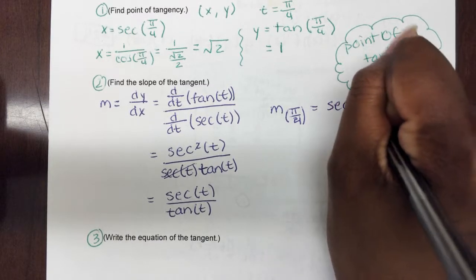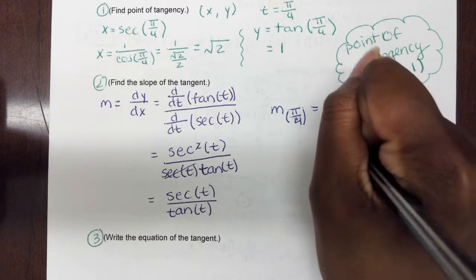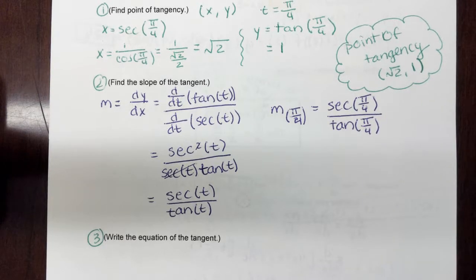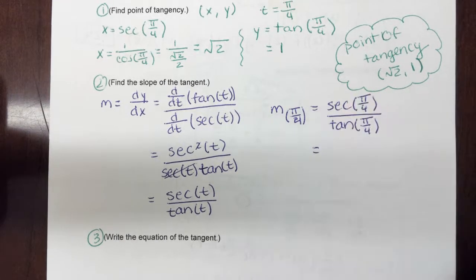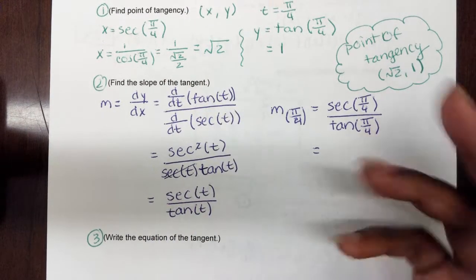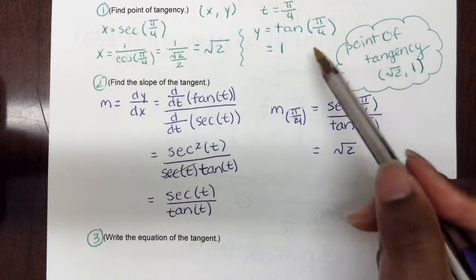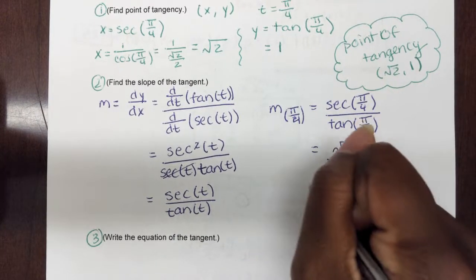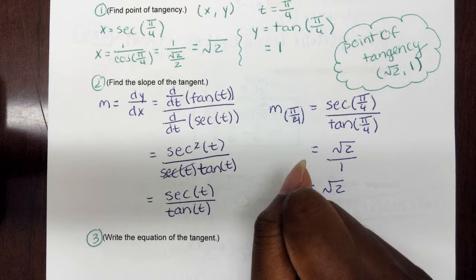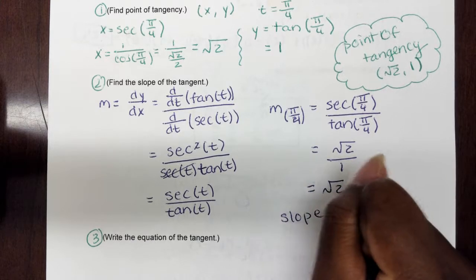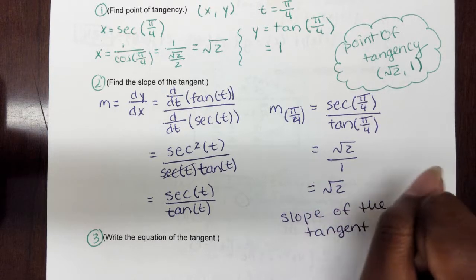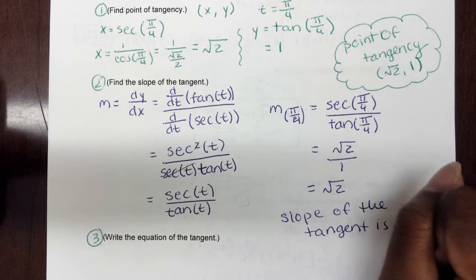So we get secant of pi over 4 over tangent of pi over 4. And from the point of tangency, we know that the secant of pi over 4 was square root of 2. And the tangent of pi over 4 is 1. So our slope is going to be root 2. So the slope of the tangent is square root of 2.